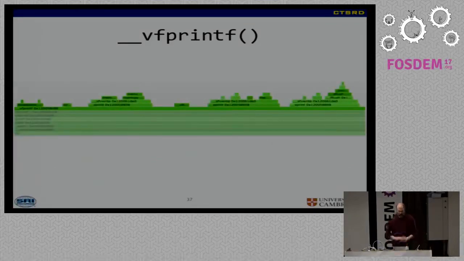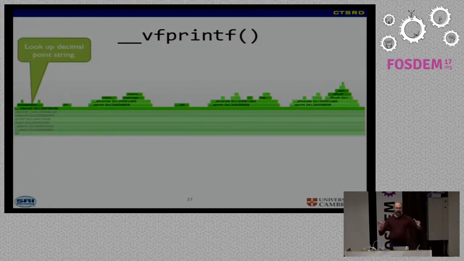So let's get into the part that's actually interesting. So here, we're getting ready to print our string. And what we see happen is the first thing we do in printf is, for reasons of historical laziness, always look up the decimal point separator when we get into the function.